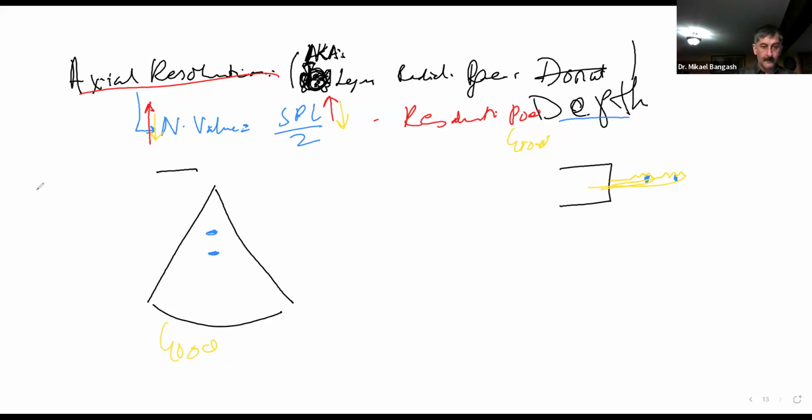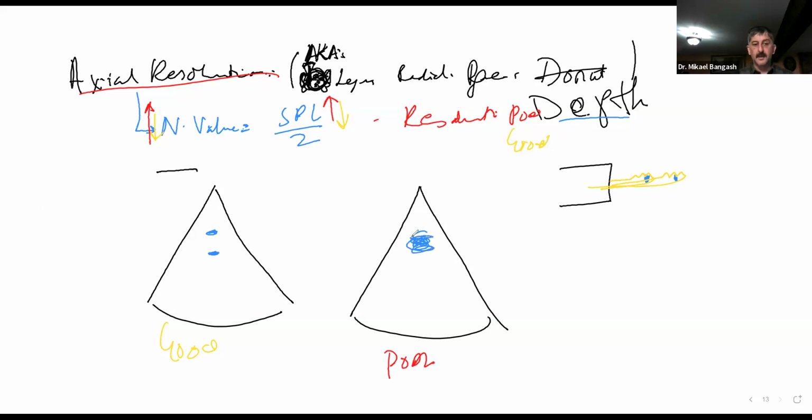Whereas, on the other hand, if these two reflectors here had a poor axial resolution, that would be PS1.